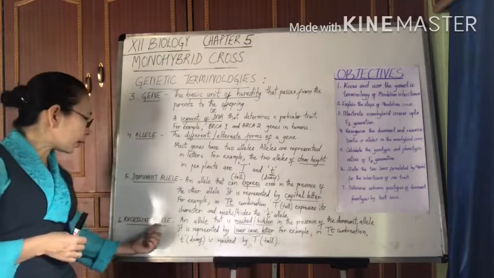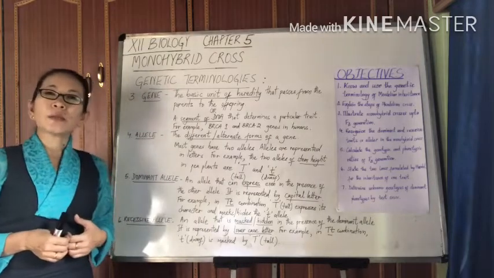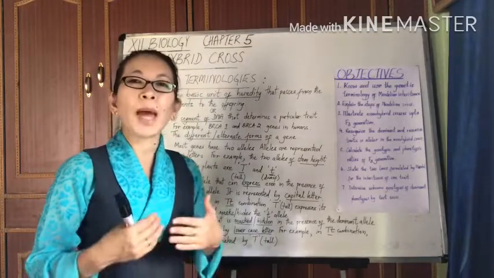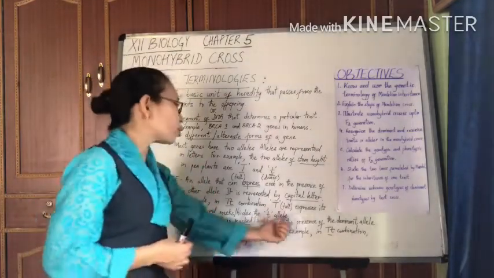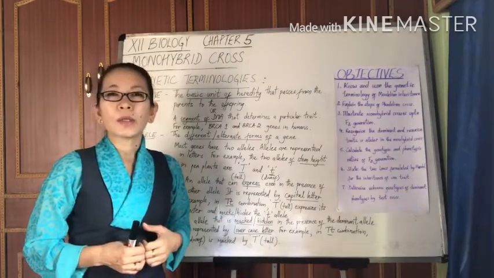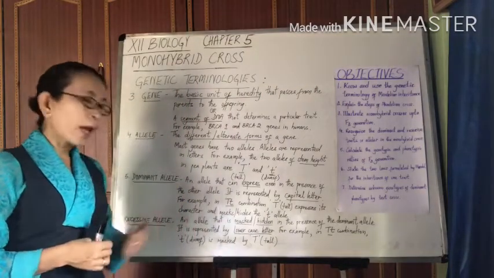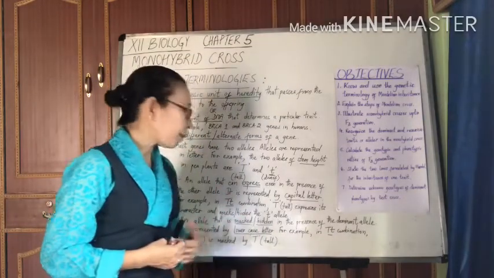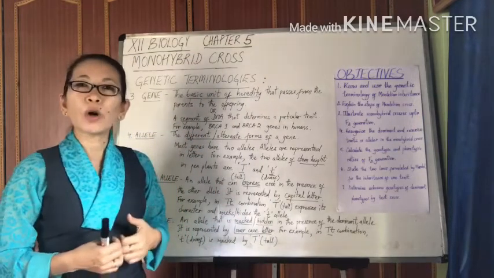The second type of allele is the recessive allele. So a recessive allele refers to the allele which gets masked or hidden in the presence of the dominant allele. And these recessive alleles are represented by lowercase letters, okay, small letters.